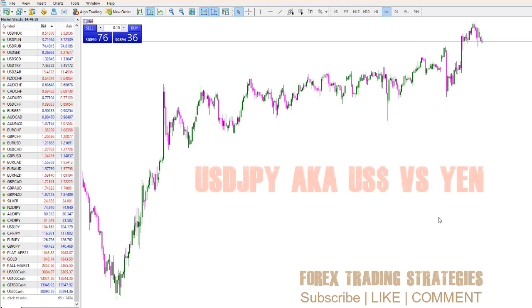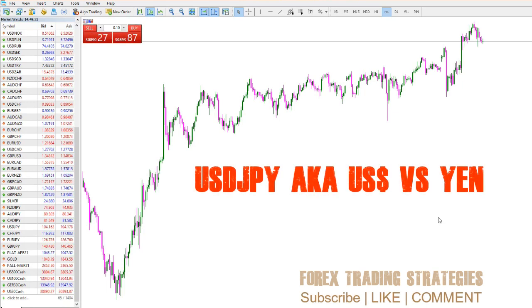The second one I'll say is USDJPY. Well, the dollar is the dollar. It's one of the major currencies of the world. But again, the Japanese yen is a king in the Asian markets.